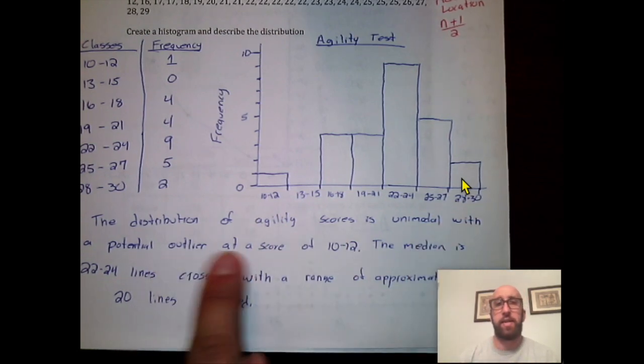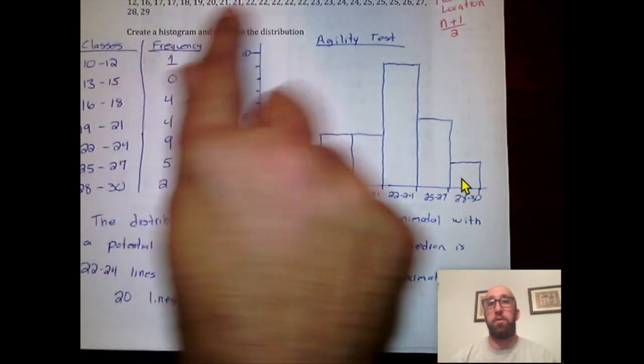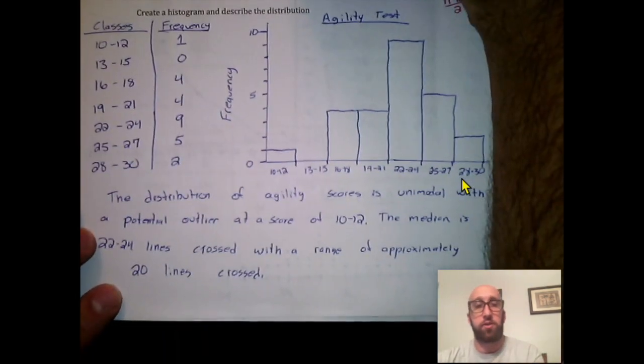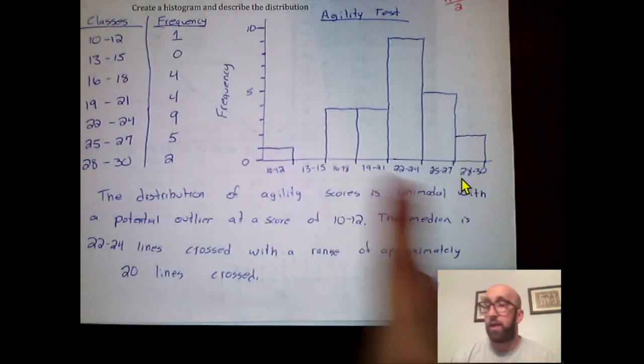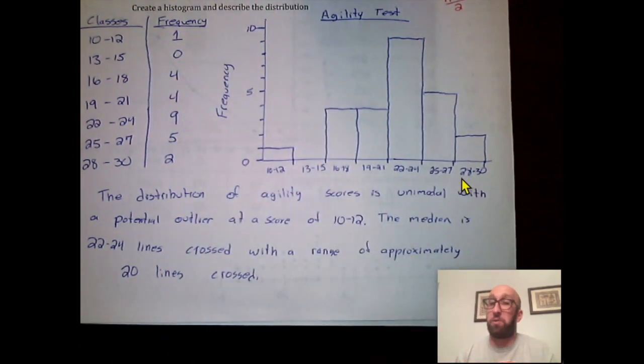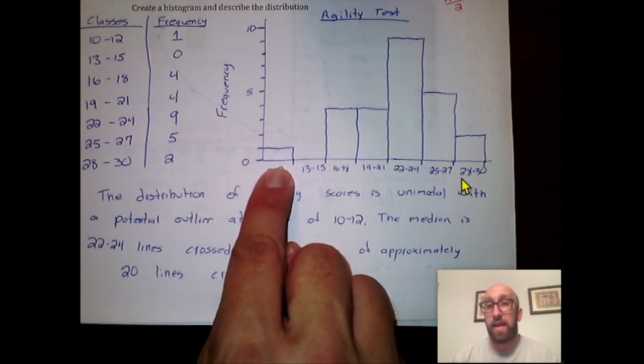I said with a potential outlier at a score of 10 to 12. And this is very, very important for me to emphasize here, the 10 to 12. If I'm ignoring the fact that I know the raw data, so let's slide that back, like I don't know the raw data, with this sort of histogram, and it kind of depends on which type of histogram you get, I know the amount of data here.